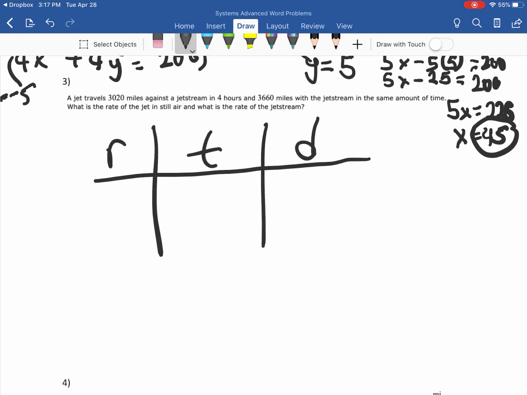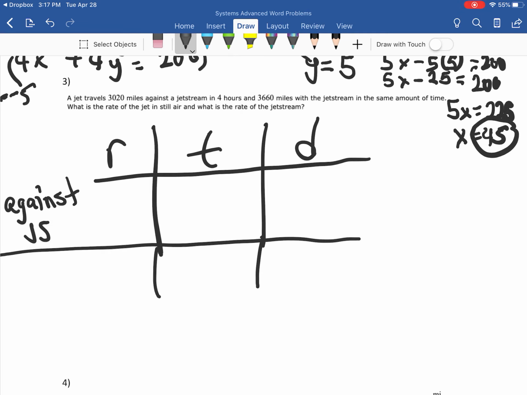RTD. So we have a jet travels against a jet stream. So I'm going to go against JS, and then we're going to go with the jet stream.